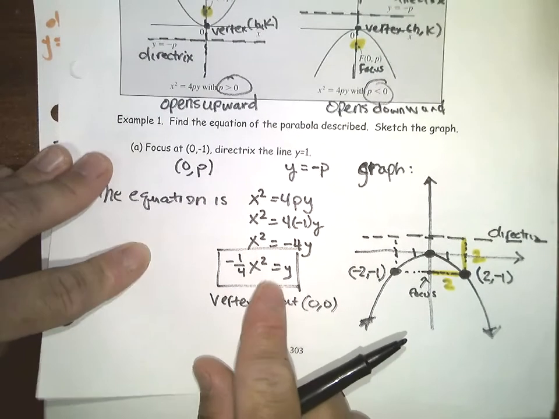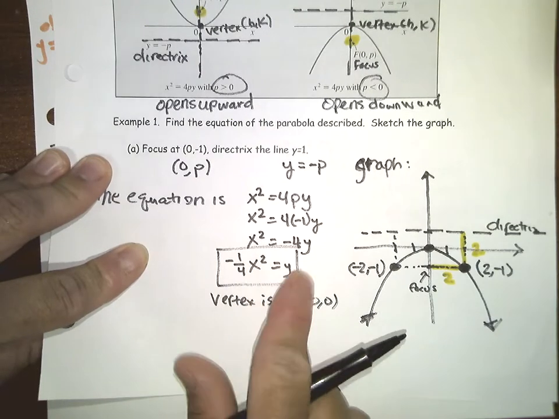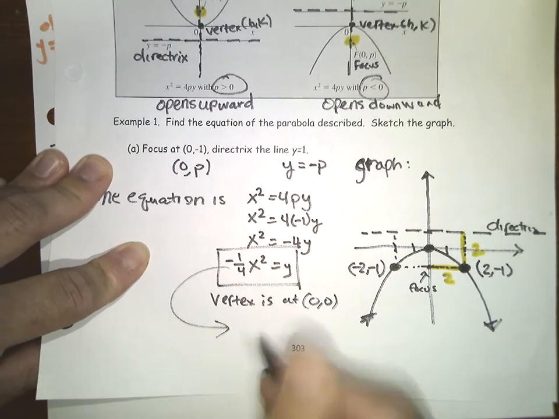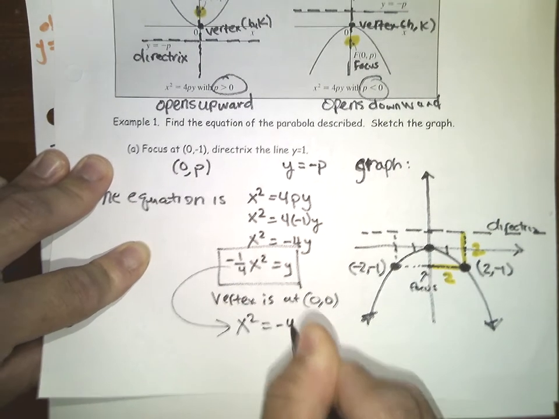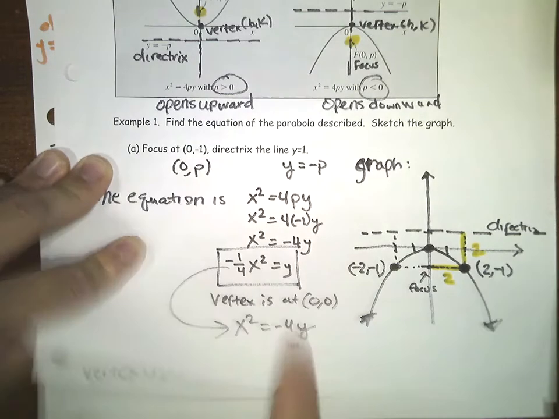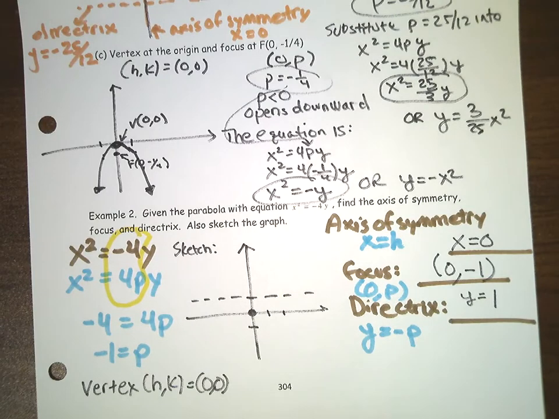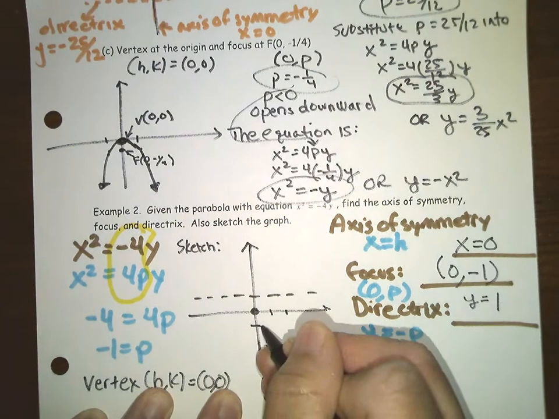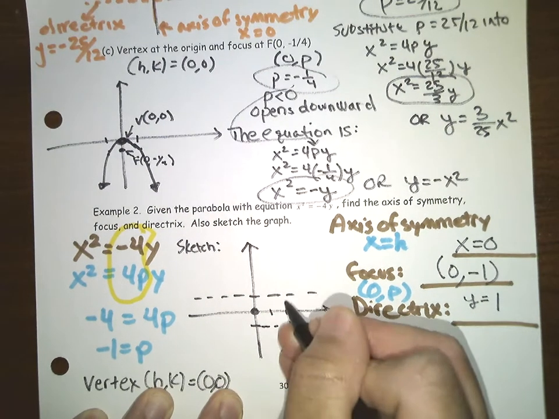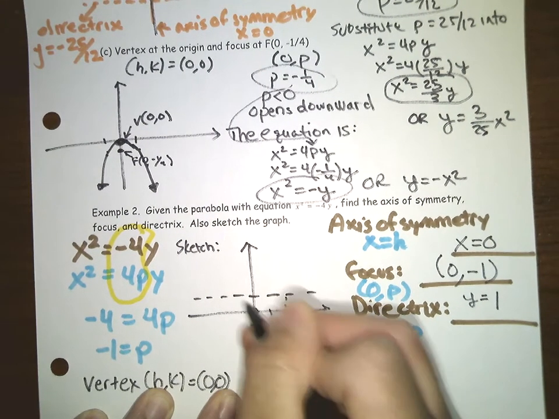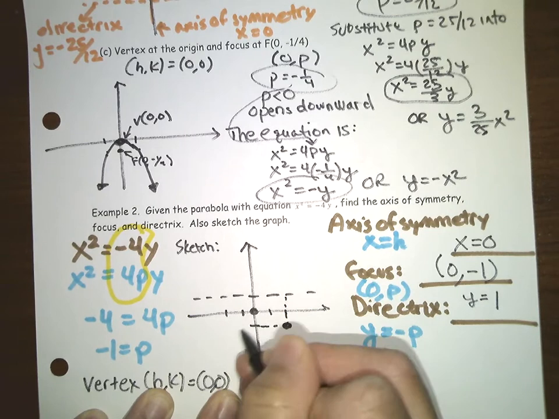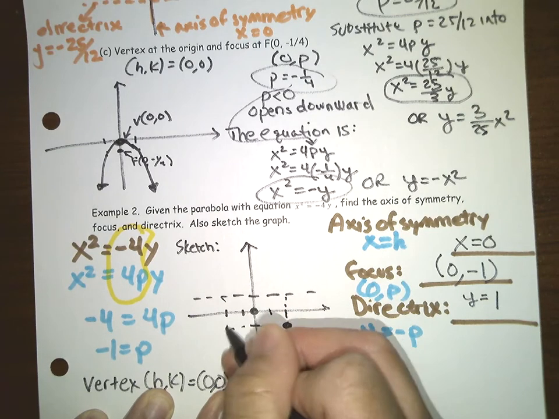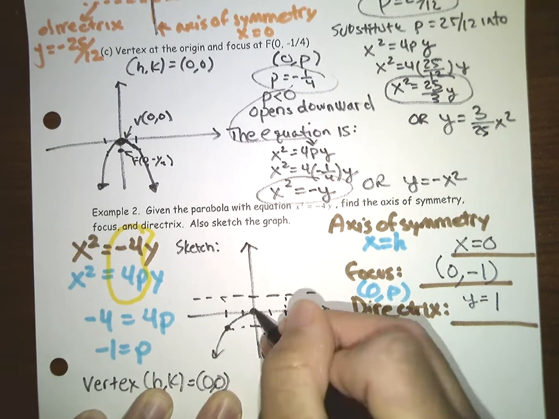But it's written differently, because if we multiply by negative 4 here, then we have x squared is negative 4y, right? So we actually found the graph in a different way here. So just like that example, I can go over 2 and up 2 and then draw the point, and then over 2 and up 2 draw the point, or use symmetry, and there we go.